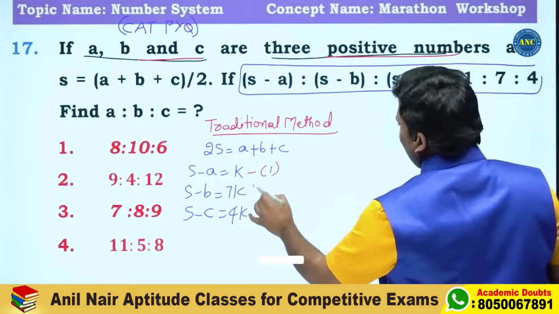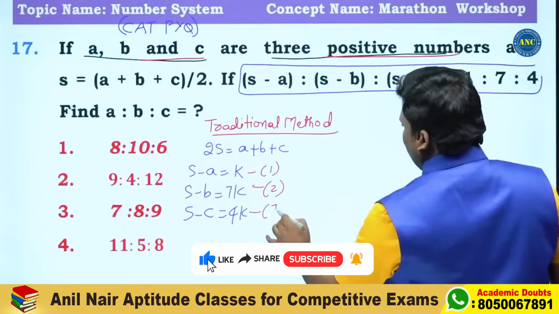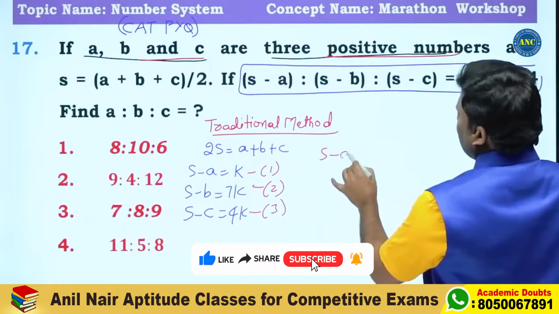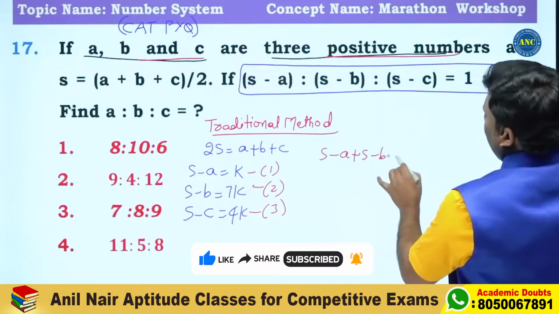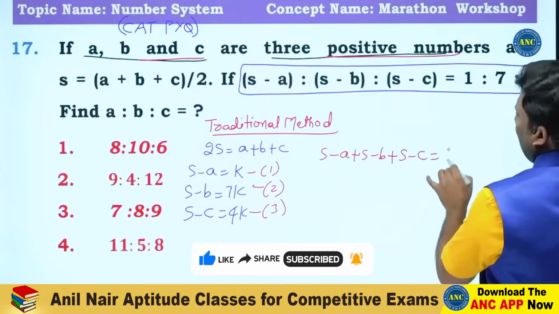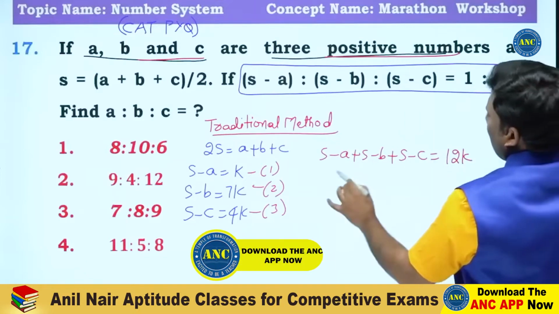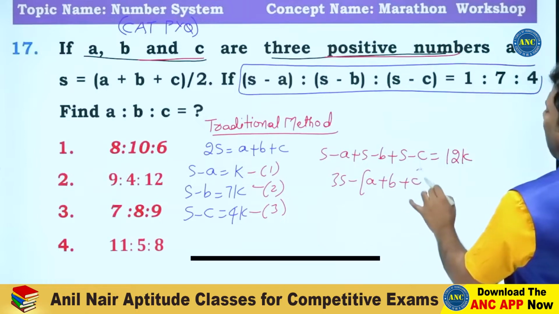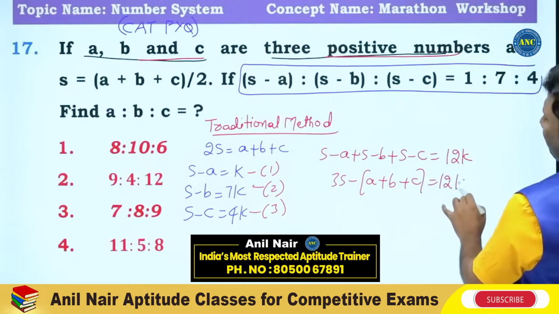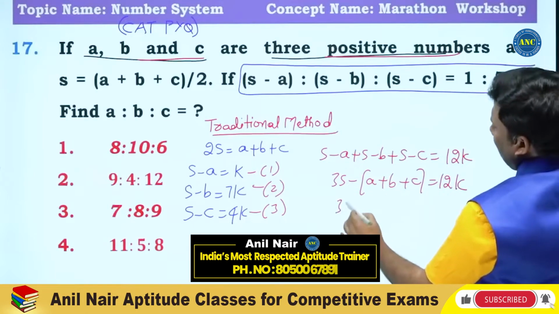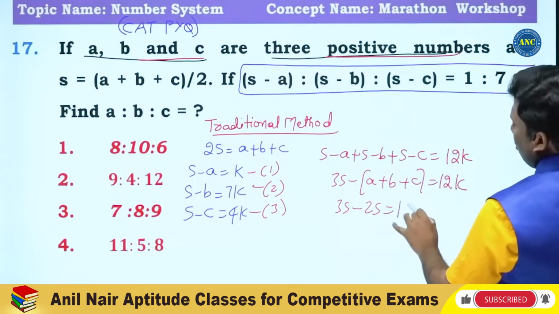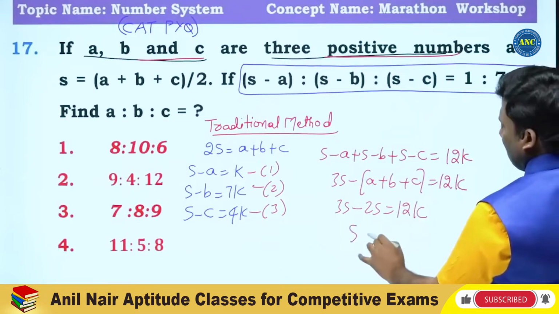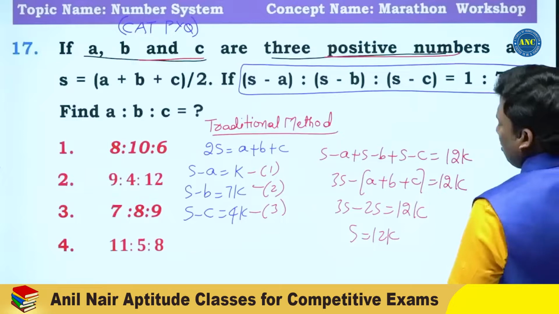How will students solve this? Equation 1, equation 2, equation 3. S minus A plus S minus B plus S minus C equals 12K. So 3S minus (A plus B plus C) equals 12K. That is 3S minus 2S, the most boring method: S is 12K.